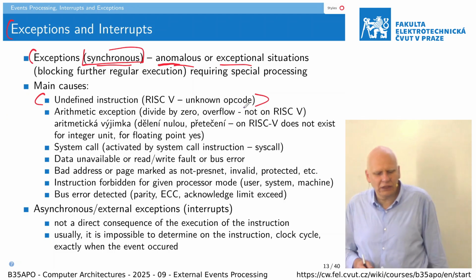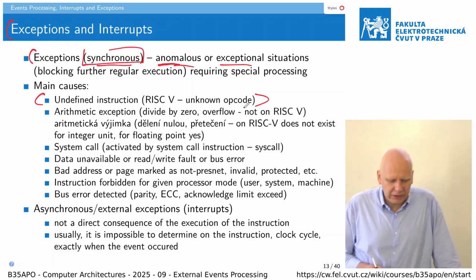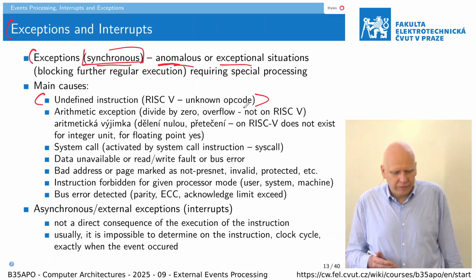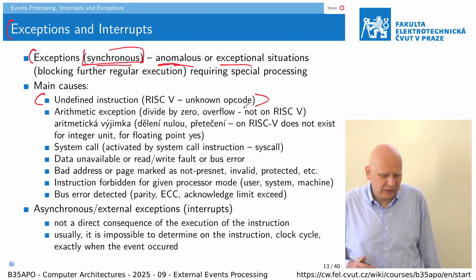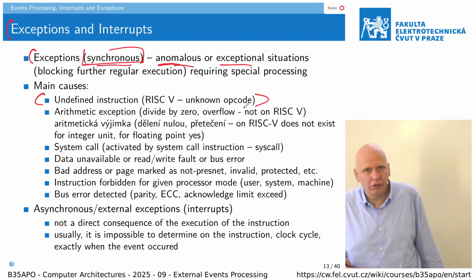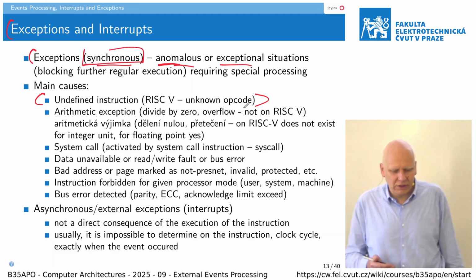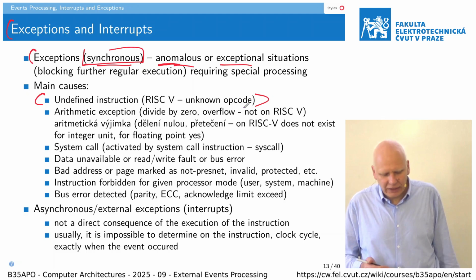There is an instruction which cannot be decoded, and it is correct to report that the program cannot continue from that point, for example. It is probably some error, some corrupted memory, or sometimes the instruction can be emulated.